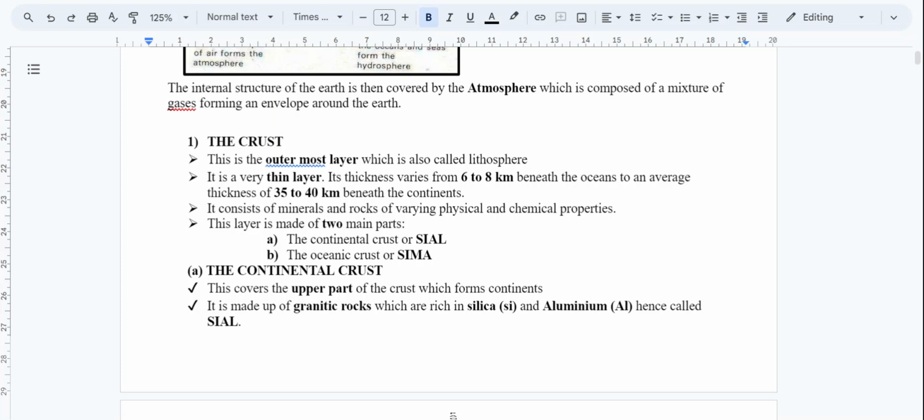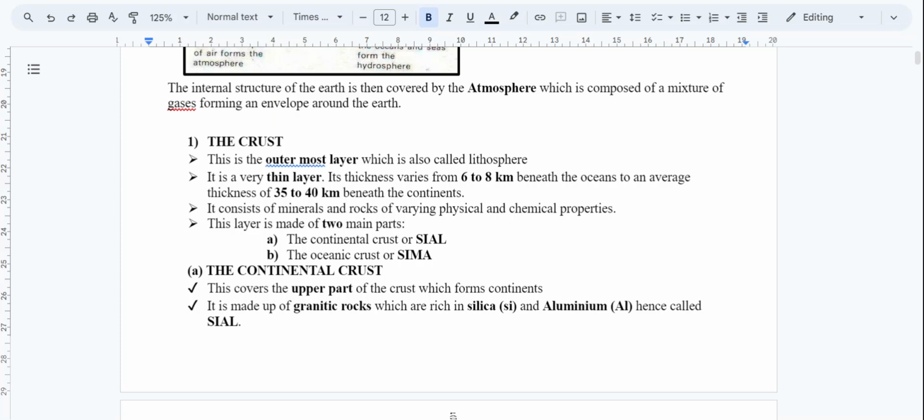It is the same with a mango. The cover that we peel off is the crust, what we eat is the mantle, and the seed that we throw away is the core.